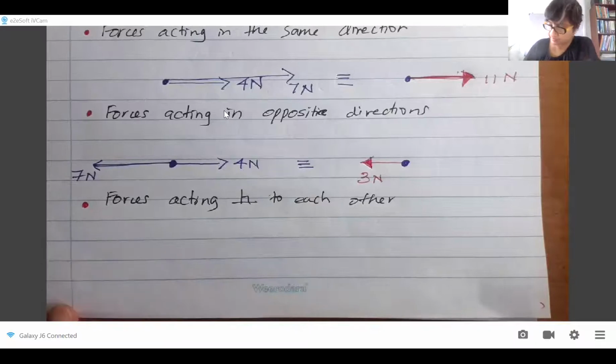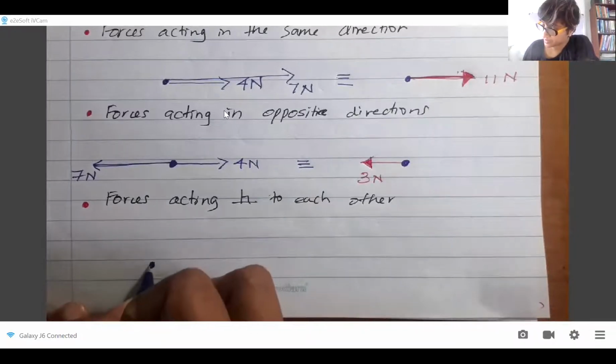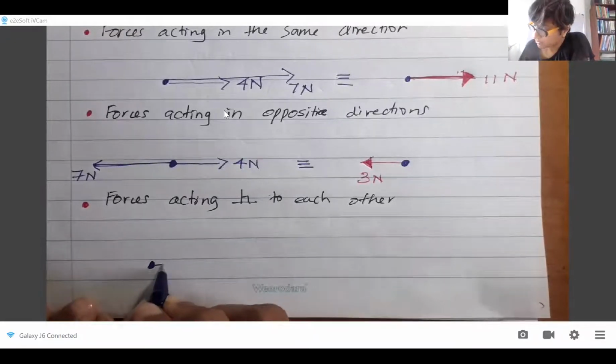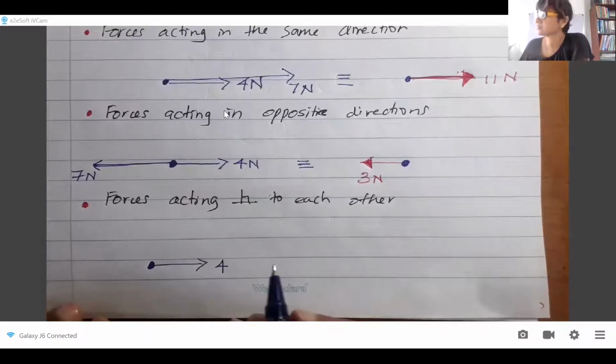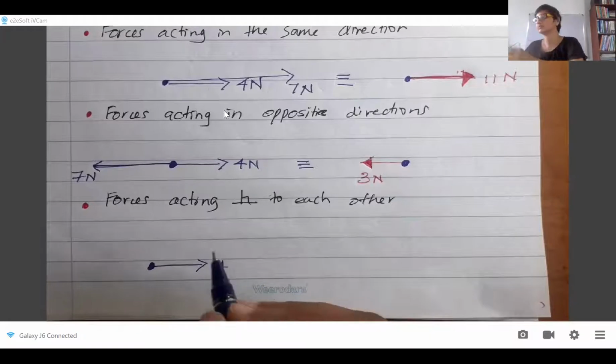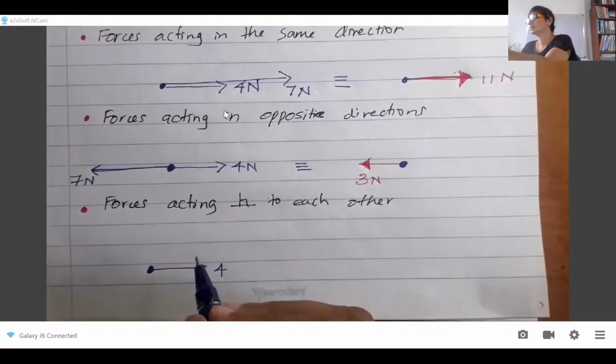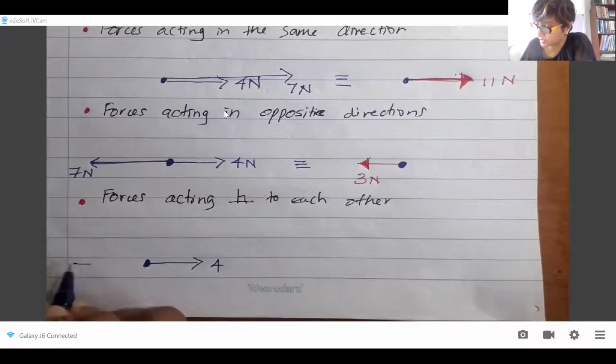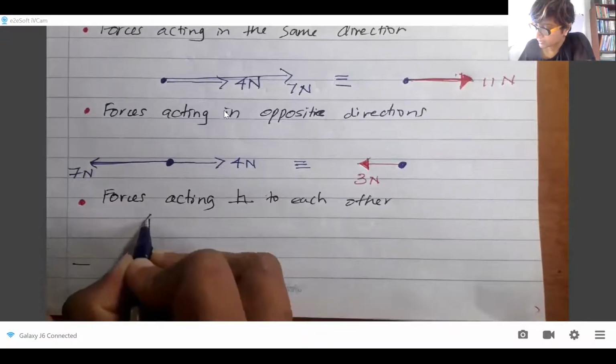So say you have your point object and the 2 forces are acting perpendicular to each other. I'll use the same 2 forces, say 4 newtons this way and 7 newtons this way.